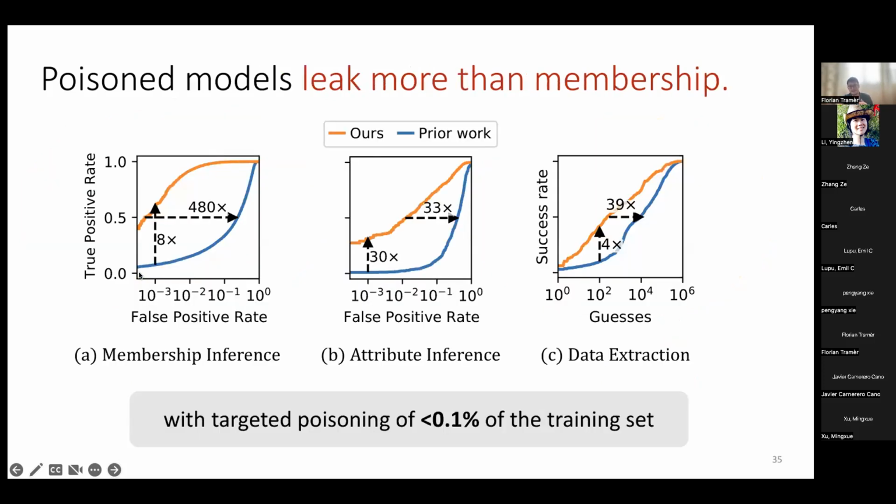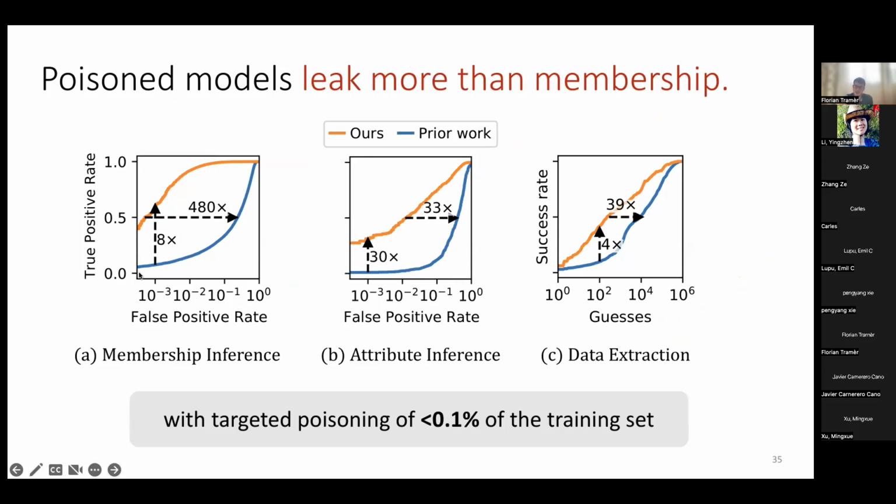We find that this attack strategy works extremely well, not just for membership inference, but for many other types of privacy attacks that you might care about, including attribute inference and data extraction attacks. So what we do here is that the attacker just targets specific examples that they want to attack.